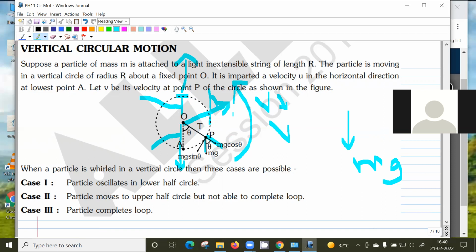Tension will decrease because the centrifugal force is decreasing, and also the component of weight opposing the centrifugal force is changing. So the tension can become zero at the top, or somewhere in between, depending on the value of the velocity.